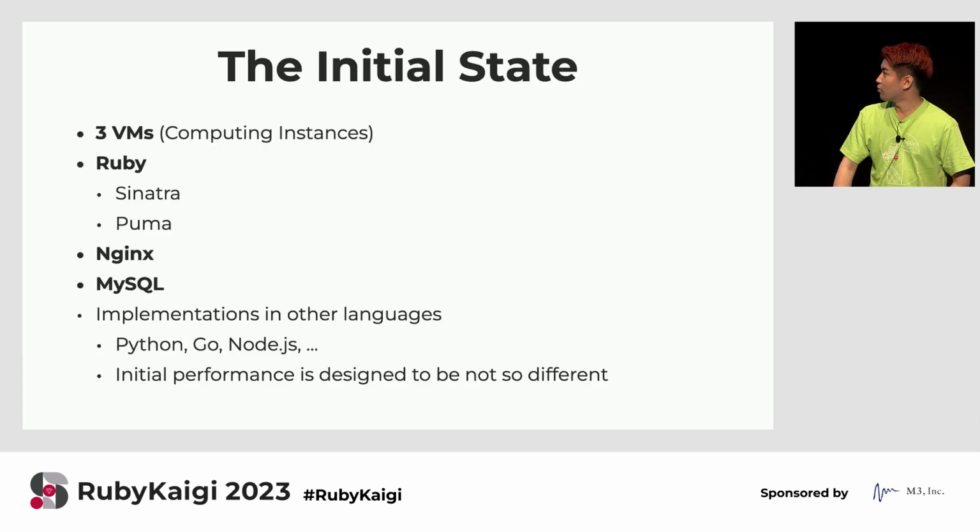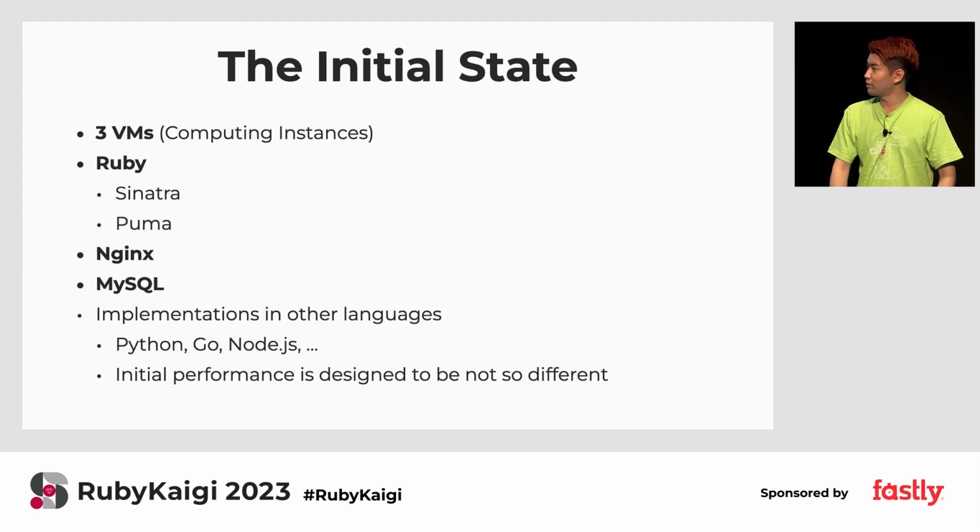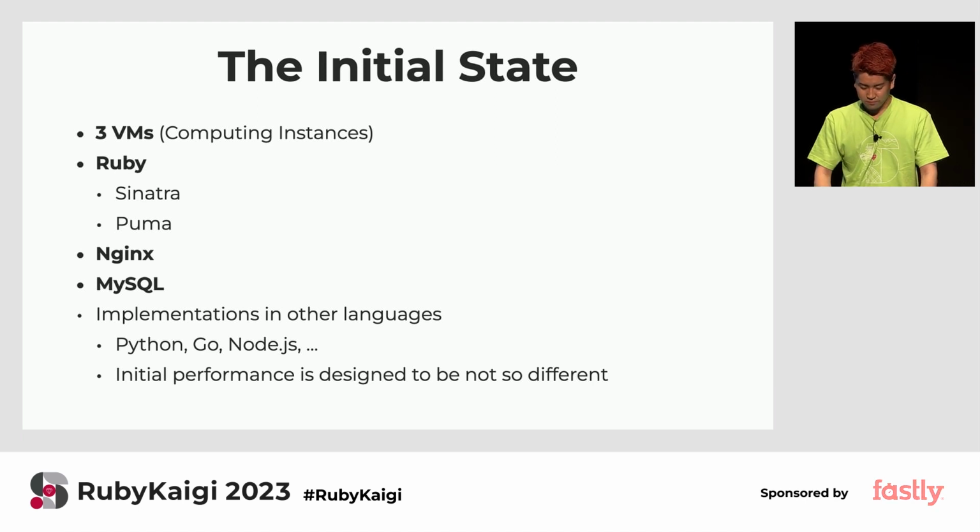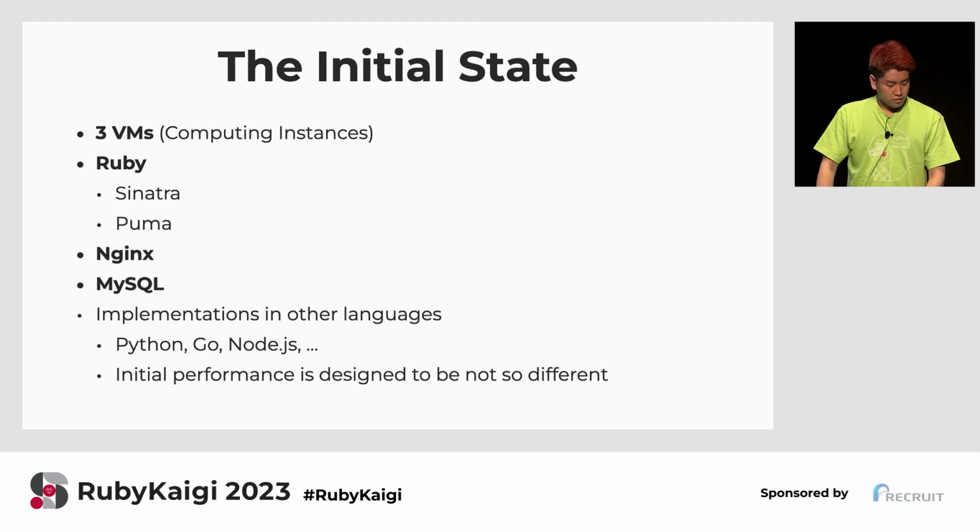OK, so I said the contestants get 3 VMs, computing instances. They include a Ruby app, which is implemented using Sinatra and runs on Puma. Nginx is included, and MySQL is also on the server. Also, implementations of the same app in other languages are included, like Python, Go, Node.js.